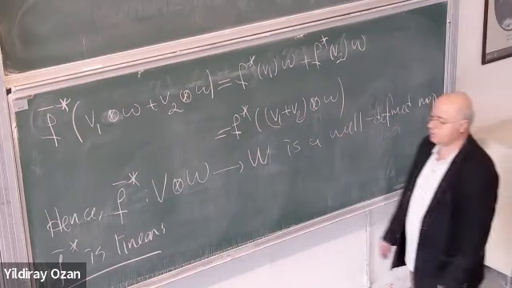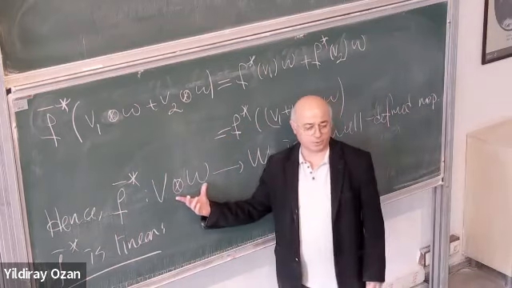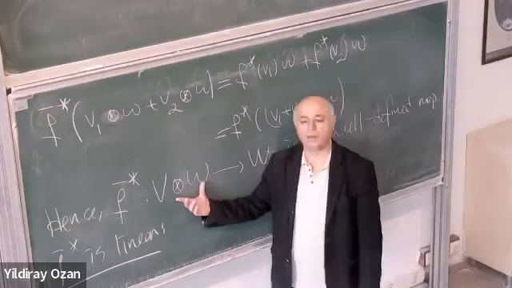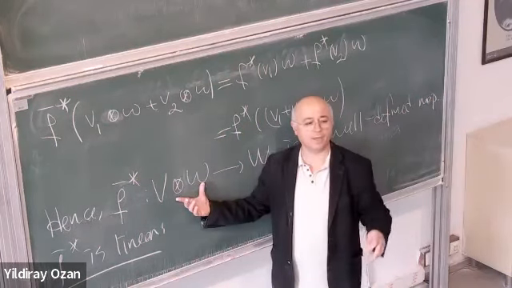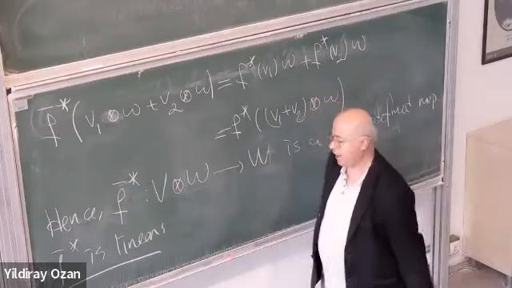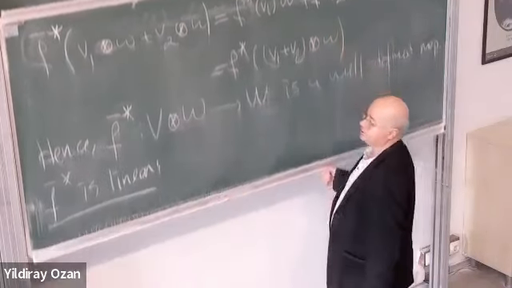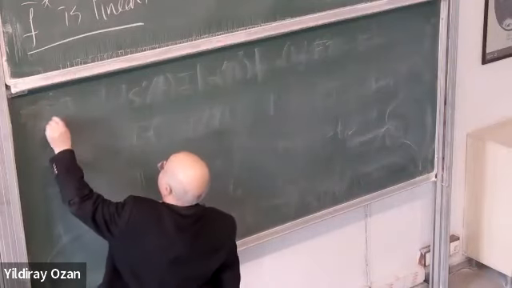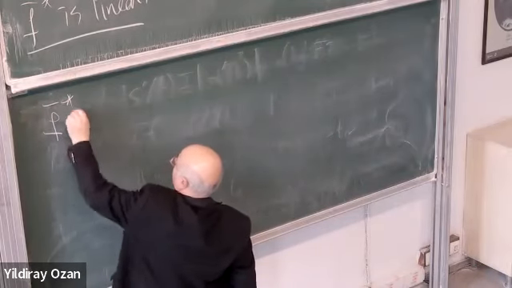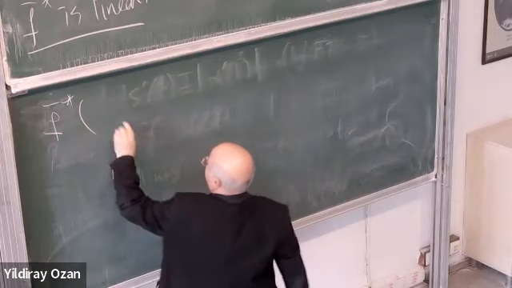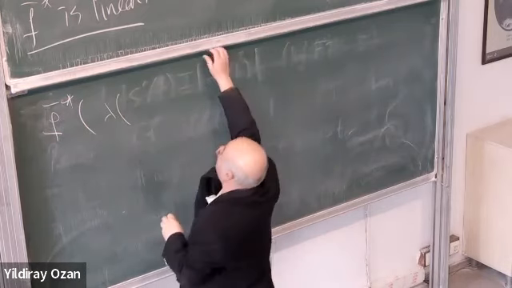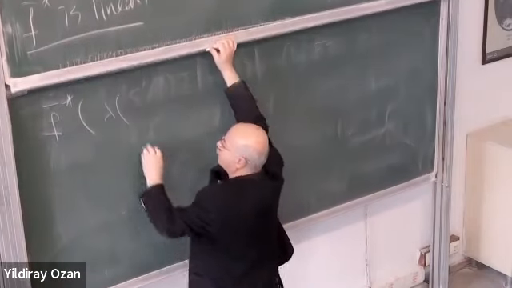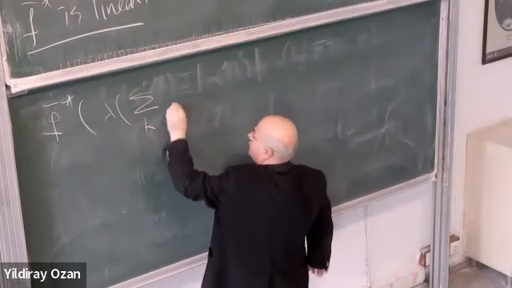Well, we will take two elements of this vector space, put coefficients in front of them, and then we will just take F bar star of that expression. Linearity is simple. So let's see. Okay, let's say lambda times a typical element of this. A typical element of that is something like this.